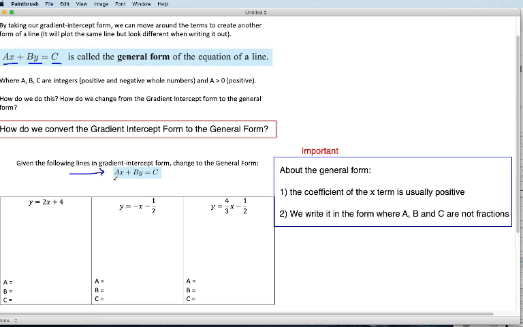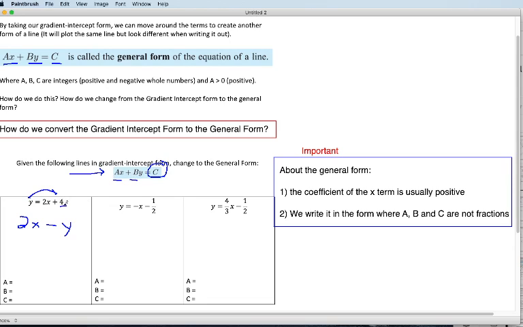As you can see for the general form, the ax and the by are on the same side. So if I want to move this around, I should have my y moved over onto this side. Okay, so if I do that, I'm going to have 2x minus y.